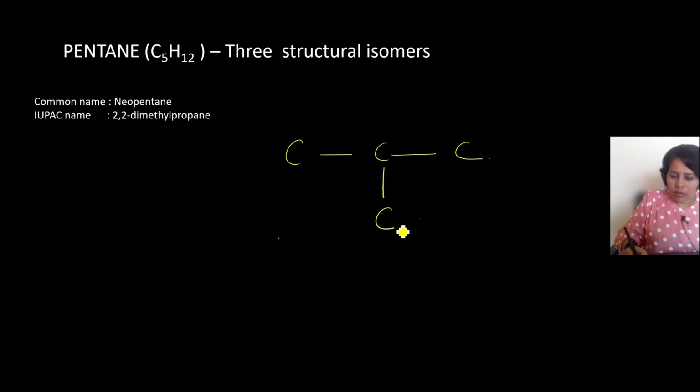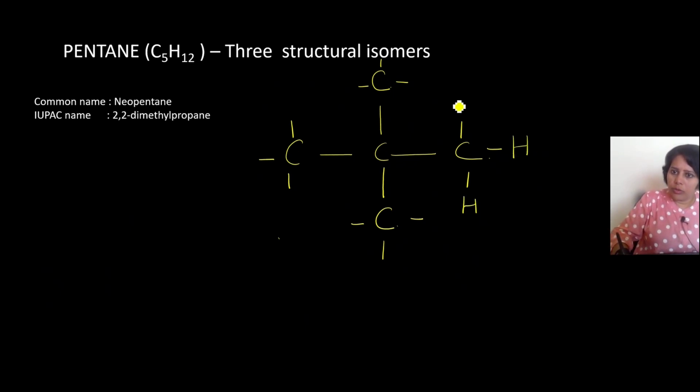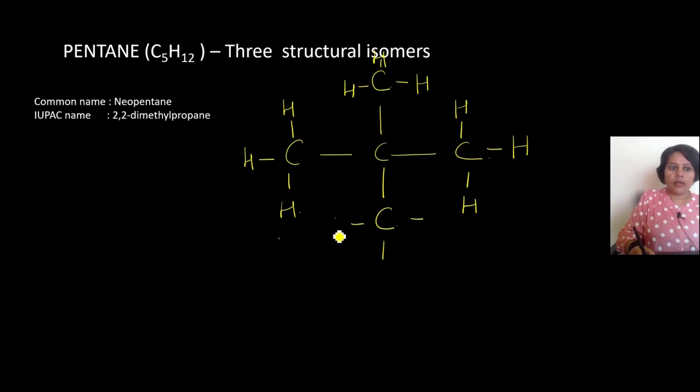On the second carbon, we are putting 2 methyl groups. All 4 valencies of carbon are satisfied with hydrogen. So let's write the hydrogens: 1, 2, 3, 4, 5, 6, 7, 8, 9, 10, 11 and 12 hydrogen.